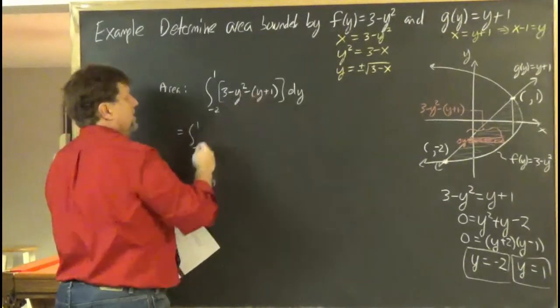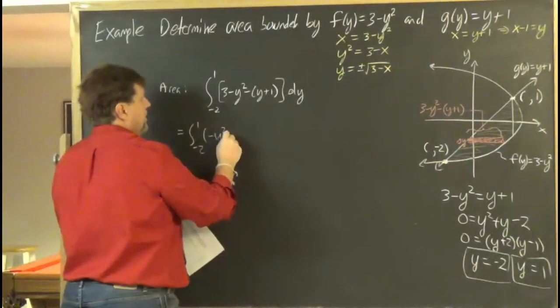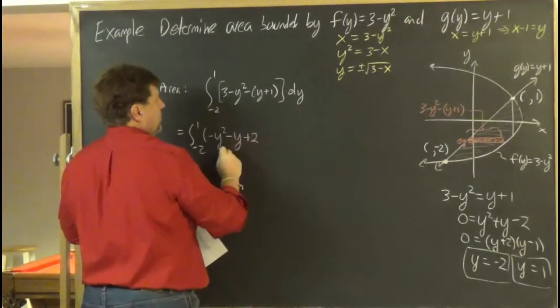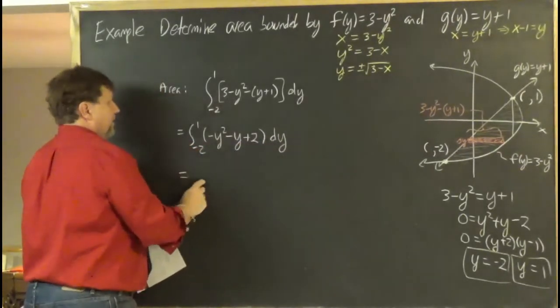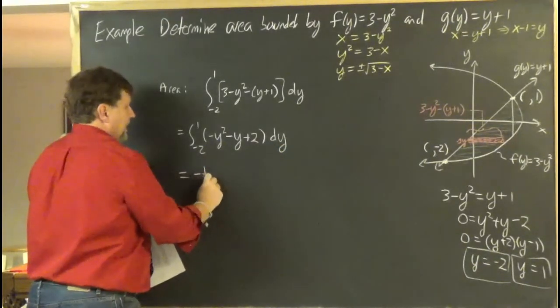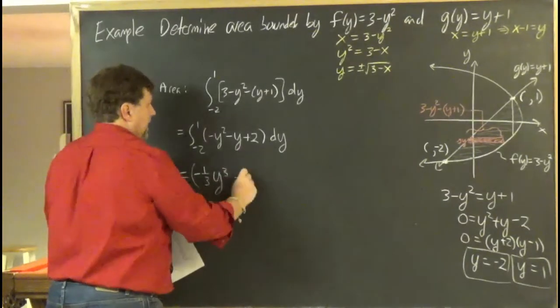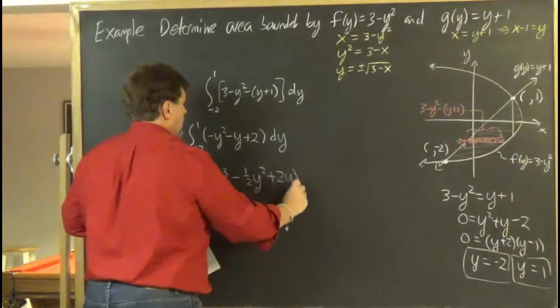I would clean up this integrand. Let's see, it's negative y squared minus y plus 2 dy. Get an antiderivative with respect to y. That's negative 1/3 y cubed minus 1/2 y squared plus 2y.